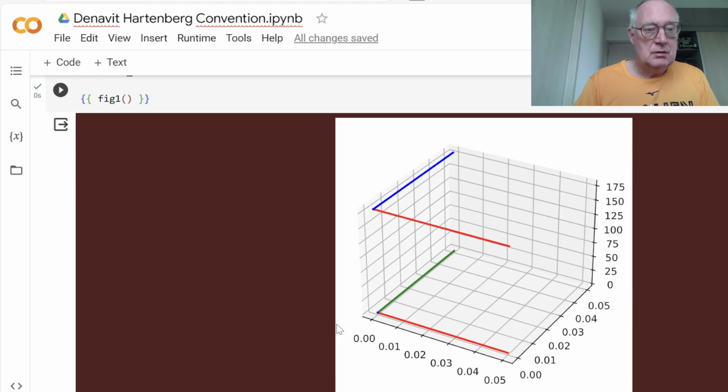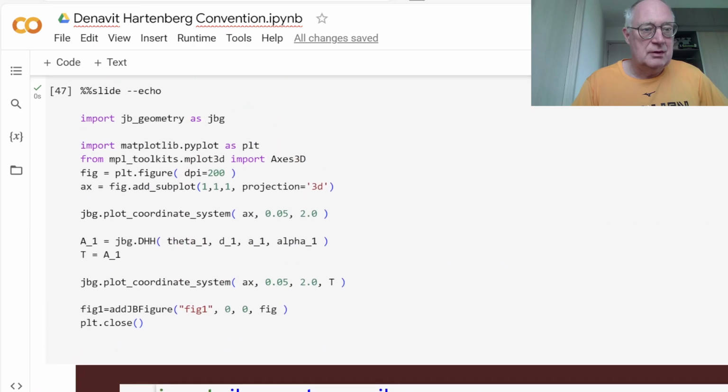It does. 175. Oh, it's the scaling, because this here is 5 millimeters, this is 5 millimeters, this is 175 millimeters, so the distance is going to be tiny, so the XY coordinates are going to disappear.